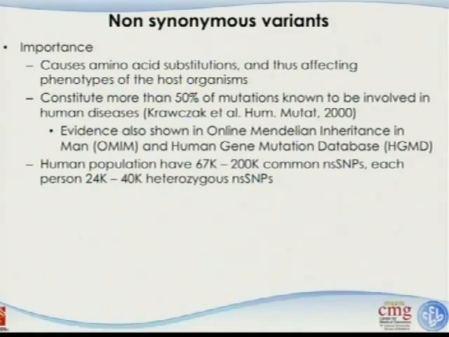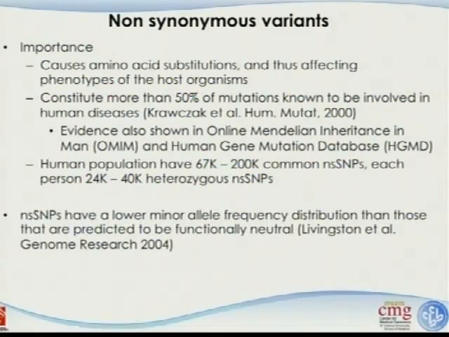Okay, and I don't know how they get this number, but this is based on one of the references. And this is an important point: non-synonymous SNPs have a lower minor allele frequency distribution than those that are predicted to be functionally neutral.